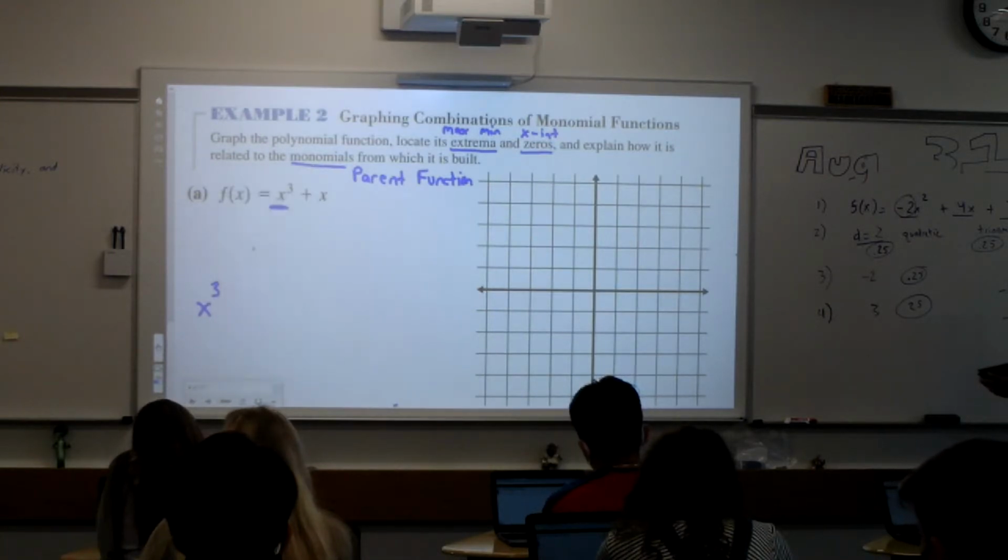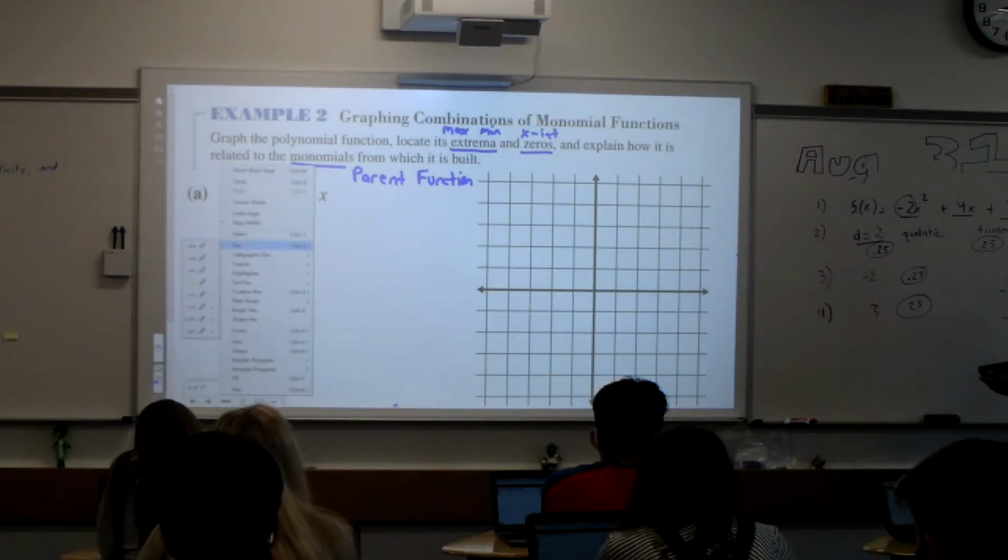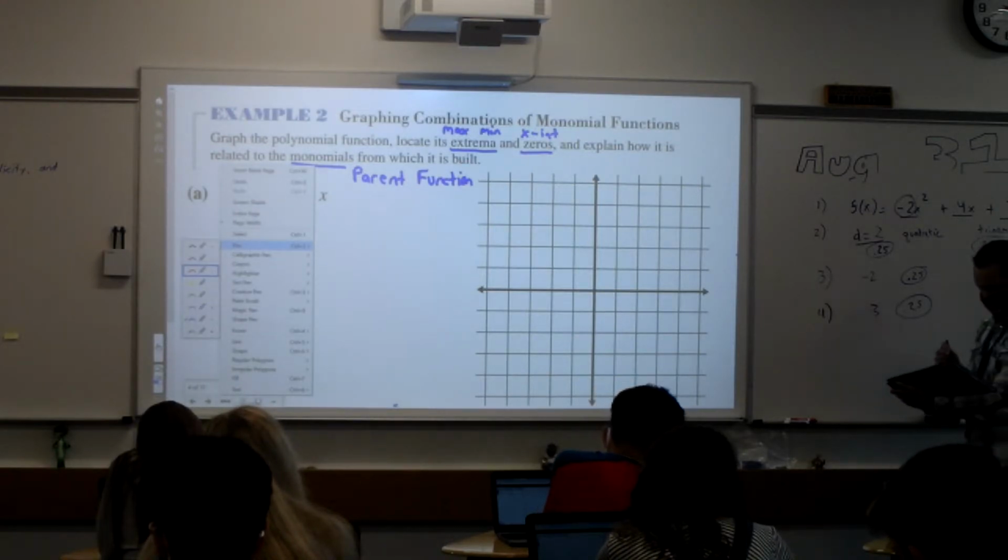Alright, so I want you to turn to your neighbor. How is x cubed different than x cubed plus x?